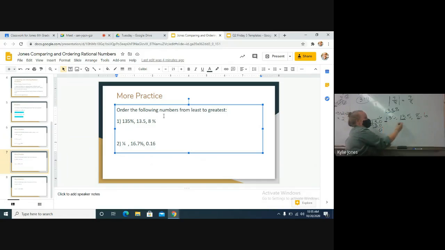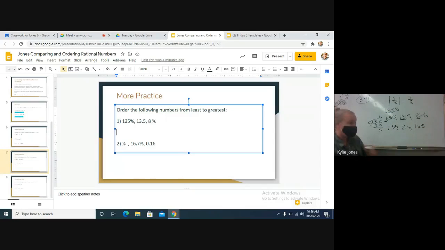We have a 1, a 13, and an 8. You can almost ignore the decimals here and just put them in order using the whole numbers. What's the least here? 1, 13, or 8? 1. So 1.35 is first. What's our second one? 8.6. And then finally we have 13.5, right?